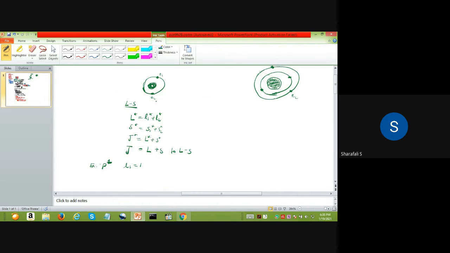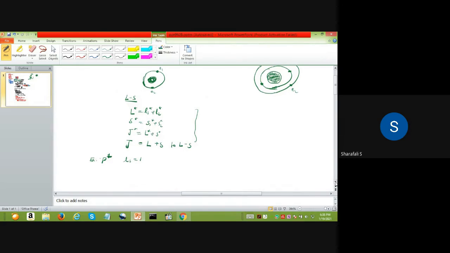This is the LS coupling we have to do for the case of light atoms. Suppose there is only one electron in the P orbit, then we can have L1 equal to 1, and correspondingly S will be half. Then we have to calculate L plus S and assume that value.